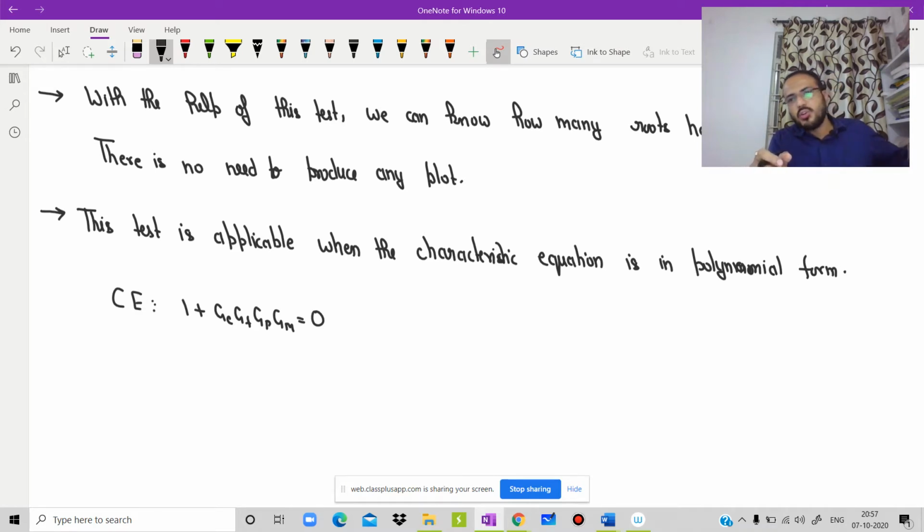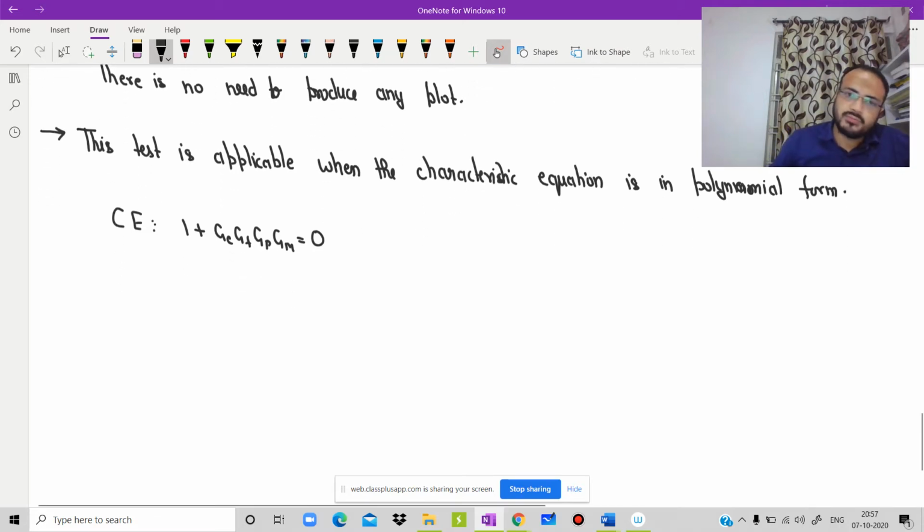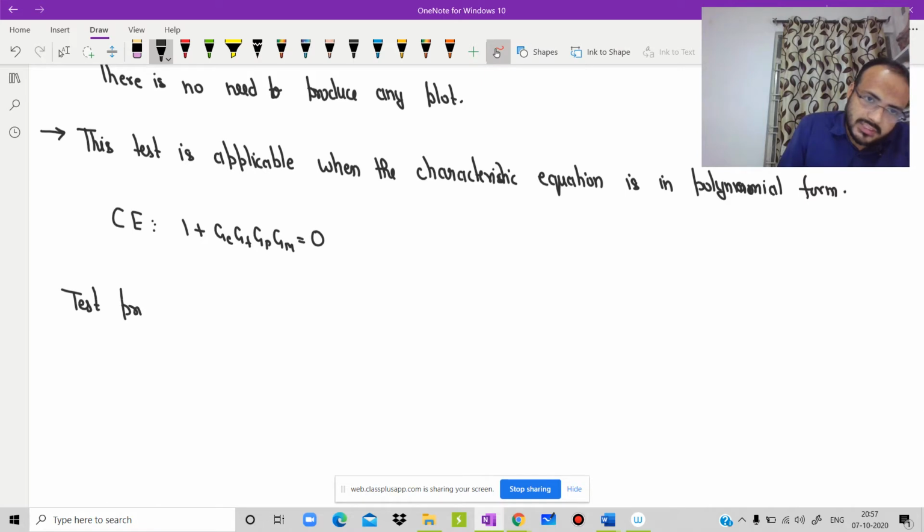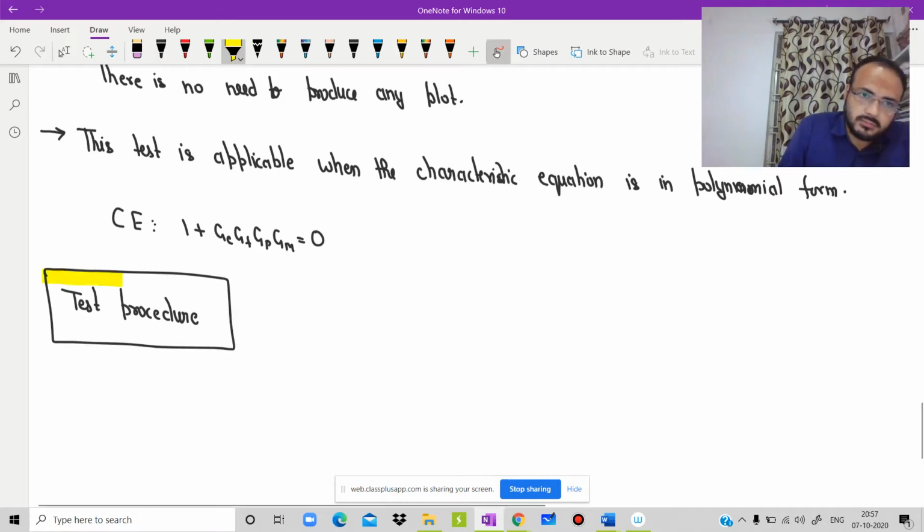So we have steps for the test procedure. Now you will get two types of question from this section.